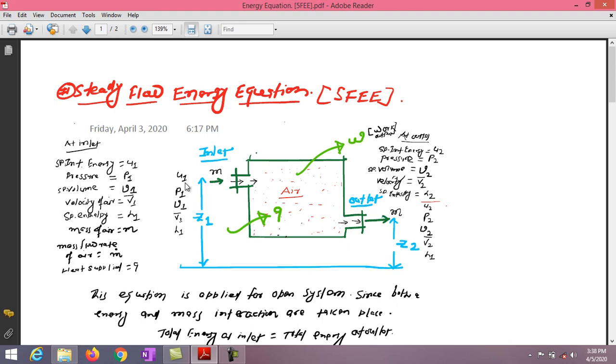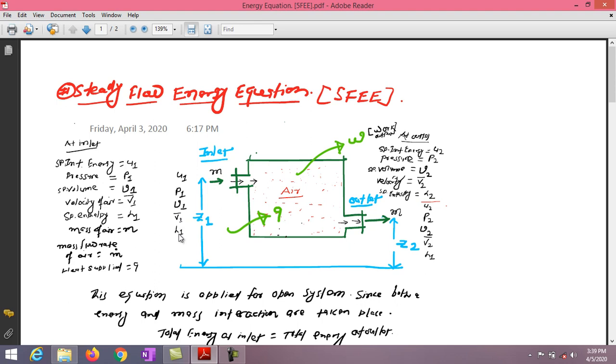This U1 is the specific internal energy, that means U1 is the specific internal energy of air at inlet. P1 is the pressure of air at inlet. Small v1 is the specific volume at inlet. This V1 is the velocity of air at inlet.